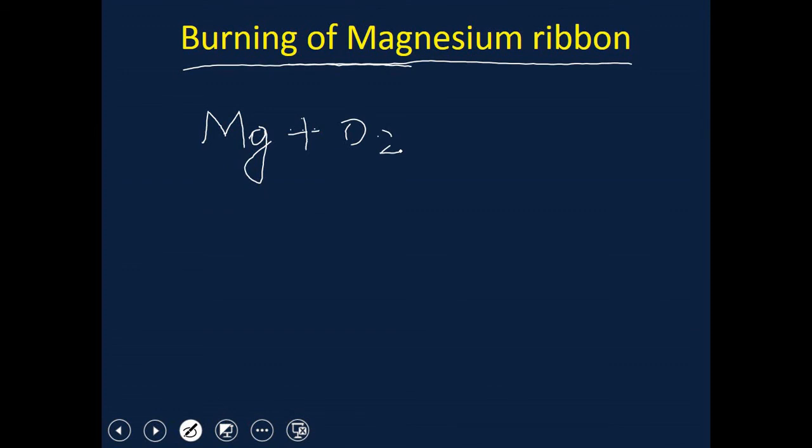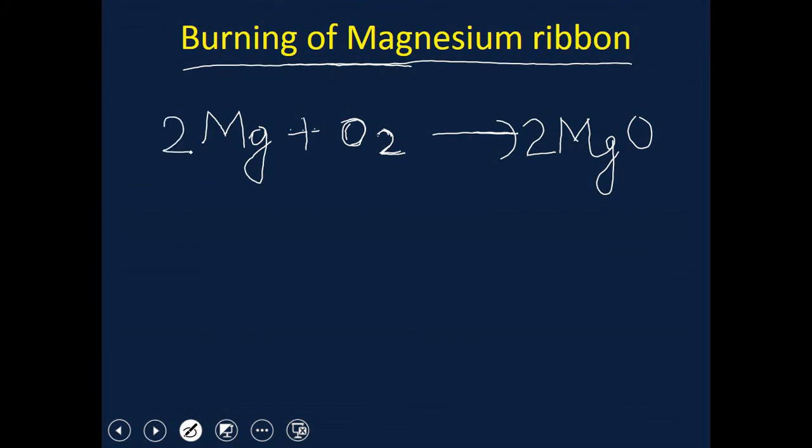Air consists of oxygen, and children, oxygen is the supporter of combustion. So Mg plus O2, what will be the product formed? The product formed will be magnesium oxide. The symbol of oxygen gas is O2. This reaction is not balanced. So what will we do? We will write 2 MgO here and 2 Mg.